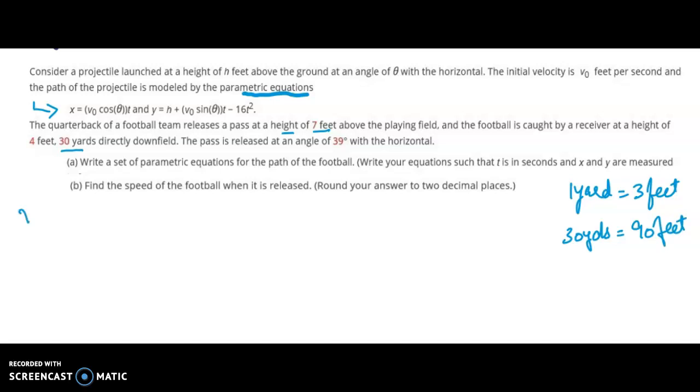So we have x is equal to cos 39 degrees t. Why 39 degrees? Here you go: the pass is released at an angle of 39 degrees. So in this equation, instead of theta, we will put 39 degrees. Now the other equation would be y. Y is equal to, and whatever equation they have given us, we will plug in the information. What is the height in this case? Height is 7 feet.